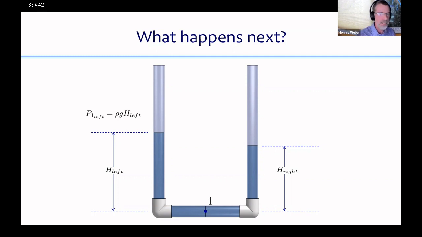So point 1 is right in the middle of the tube. And I said this was a statics problem because right at this moment, the velocity was 0. So let's see, is this really right? At point 1, the pressure is equal to rho g times h left, but it's also got to be equal to rho g times h right, which means there would have to be 2 different pressures at point 1, and that can't be true.